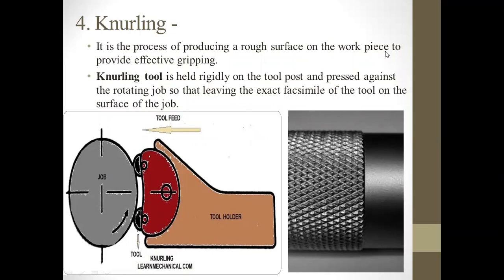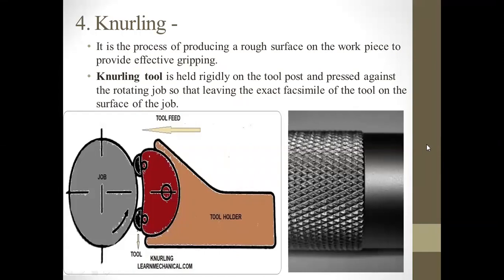In knurling operation, the knurling tool is held on the tool post and pressed against the rotating job, leaving the exact facsimile of the tool on the surface of the job.